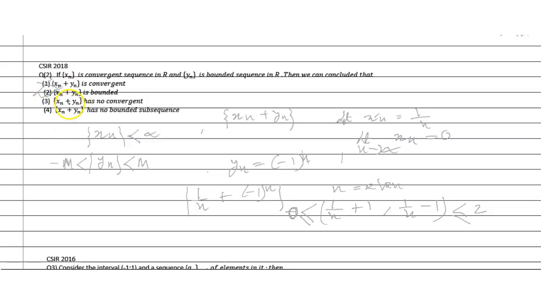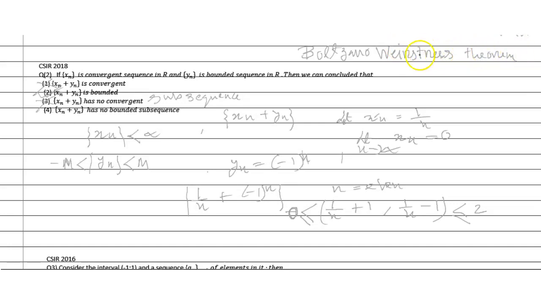And next, xn plus yn has no convergent subsequence. This portion is also false because of the Bolzano-Weierstrass theorem.